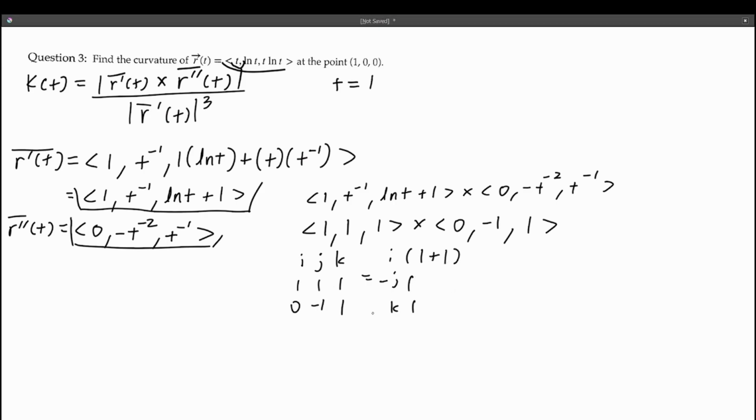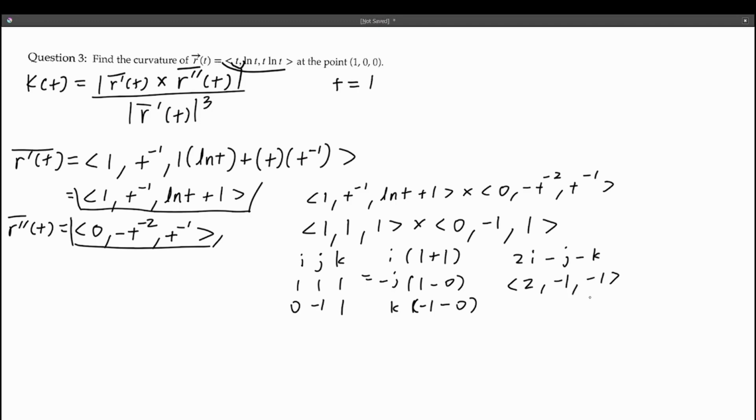And then for j, it's 1 times 1, which is 1, minus 0 times 1 is 0. For k, it's 1 times negative 1, that's negative 1, minus 1 times 0, minus 0, which is just negative 1. So the vector from this is 2i minus j, and minus 1 times k, that's minus k, which can also be written as ⟨2, negative 1, negative 1⟩.